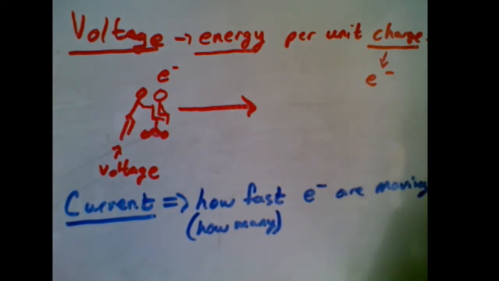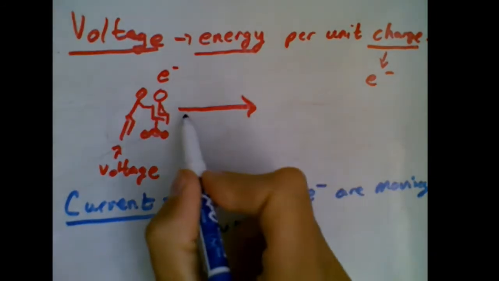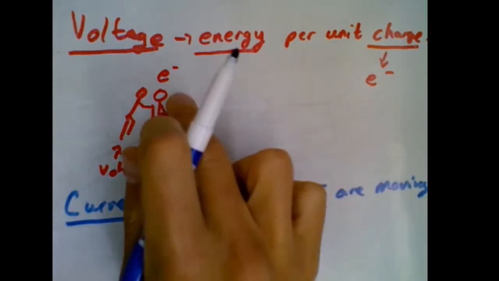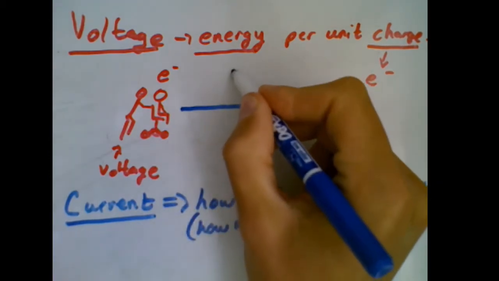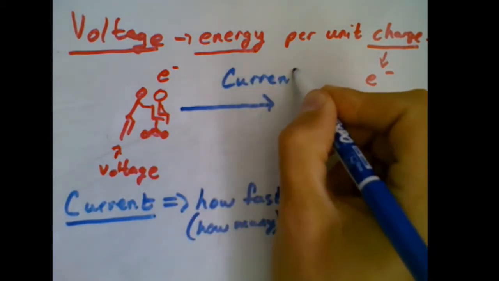The more electrons you can get moving, or the faster you can get them to go, the greater the current is going to be. So as you push your electrons forward using voltage, you generate current.